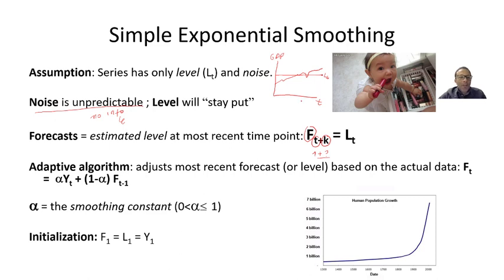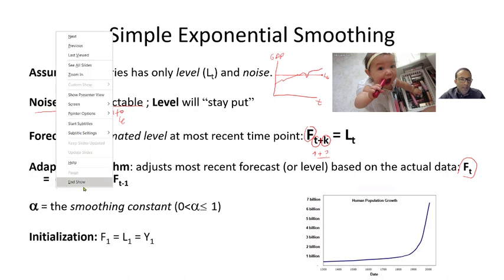So we have an adaptive algorithm, a mathematical formula that adjusts the most recent forecast or level based on the actual data. That is F_t, the forecasted value at time t, which equals alpha times y_t.